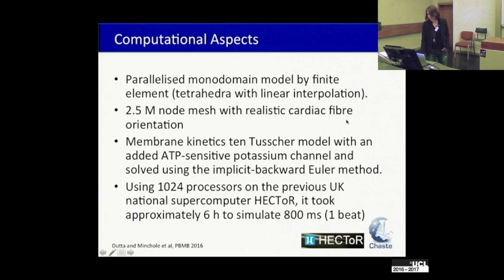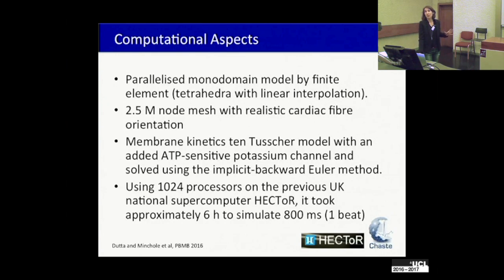In order to do this kind of simulation, we are using a parallelized monodomain model by finite element tetrahedral with linear interpolation. This mesh has 2.5 million nodes with realistic cardiac fiber orientation. The action potential model that we were using is the ten Tusscher model.